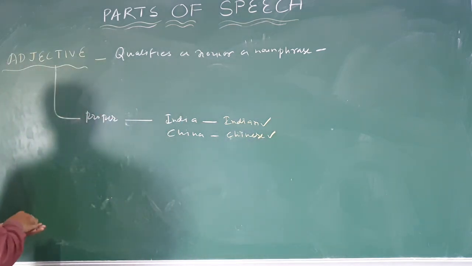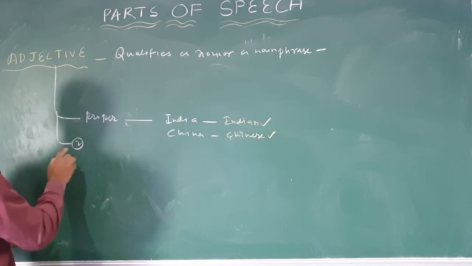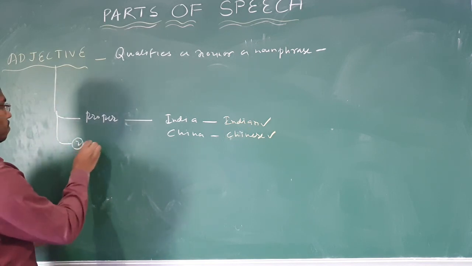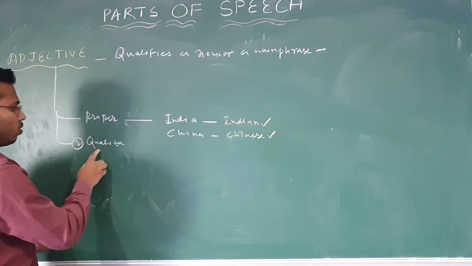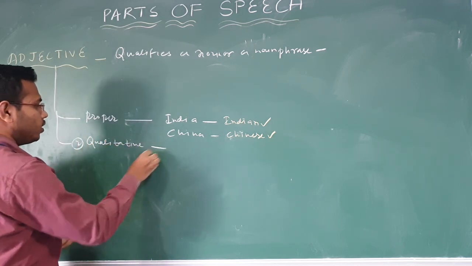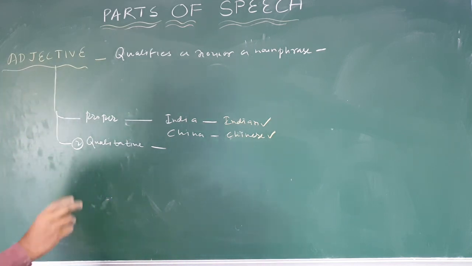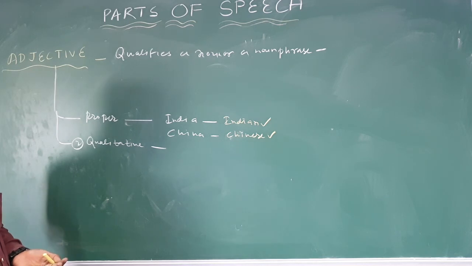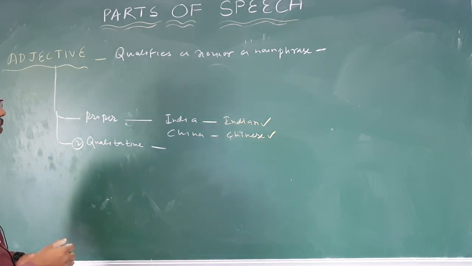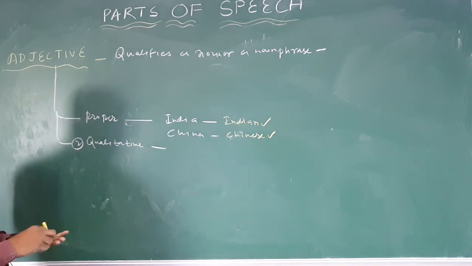Second, we have the qualitative adjective. Those adjective words that qualify a noun and tell us what kind of, if we find the answer to the question what kind of, we can say that is a qualitative adjective. Let's see some examples.